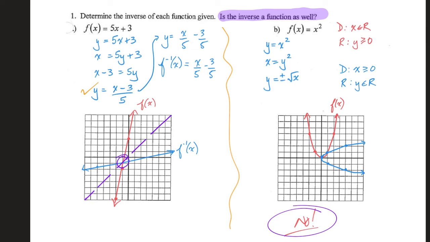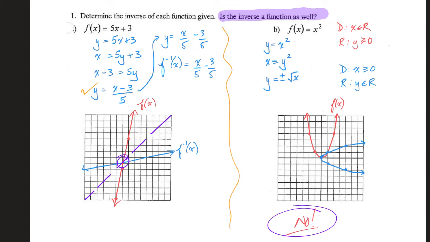Okay, so why is that important? Because if I was to ask you to restrict your domain in order to ensure that your inverse is a function, then we've got a couple options here. So, can we see what causes the problem? Well, when I reflect that graph across the line y equals x, it goes sideways.